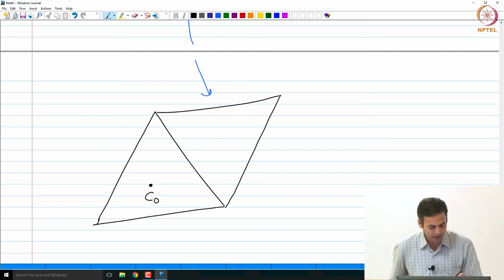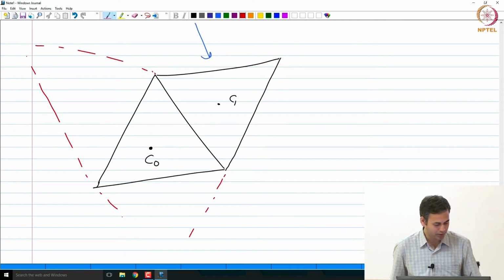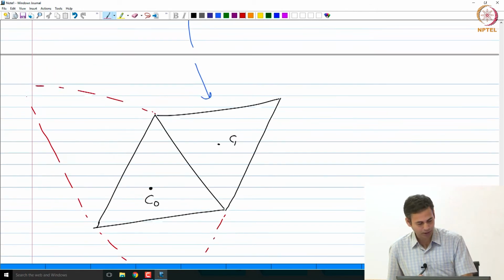I am as of now drawing the C 1 cell alone, but we know that there are 2 more cells which are also orthogonal, which exist here, which I have not drawn here, but they do exist. So, I am looking at only these 2 components.